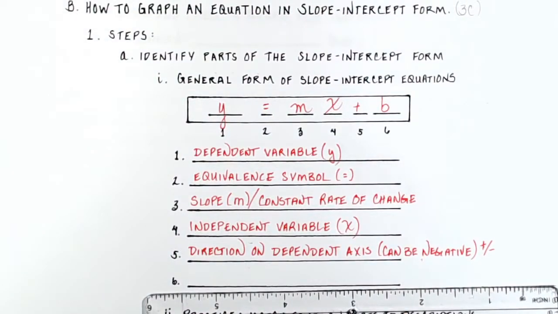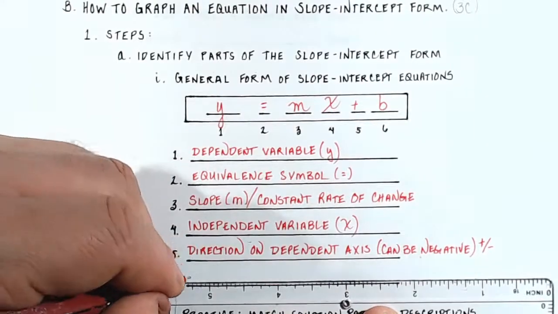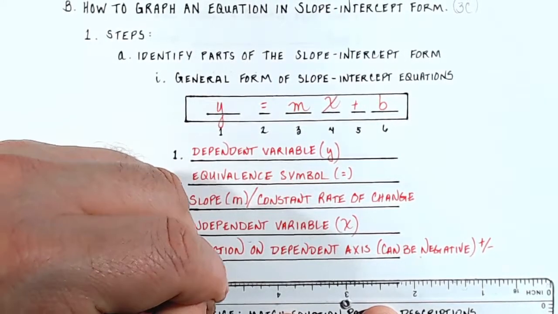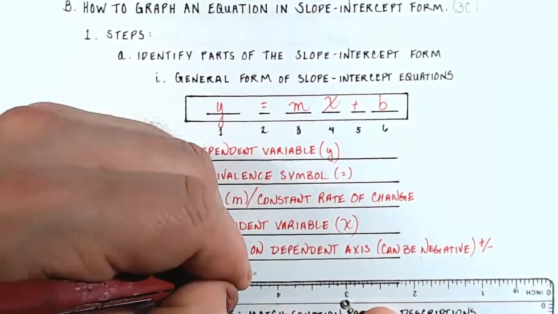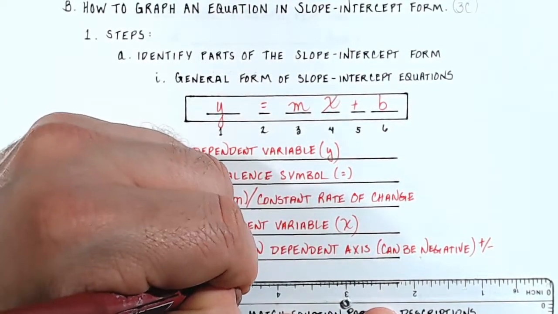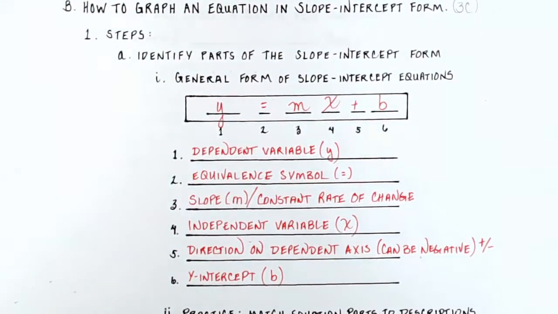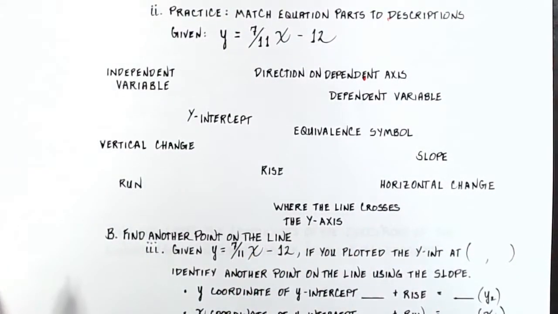And then we have number 6, which is the y-intercept. This is the point where the line hits the y-axis. And we give that the symbol b. Okay, so let's move on now. Down here in the practice, we're going to match the equation parts to descriptions.